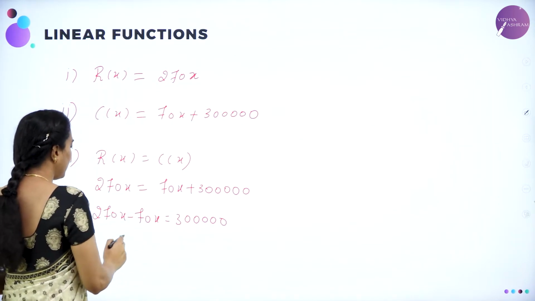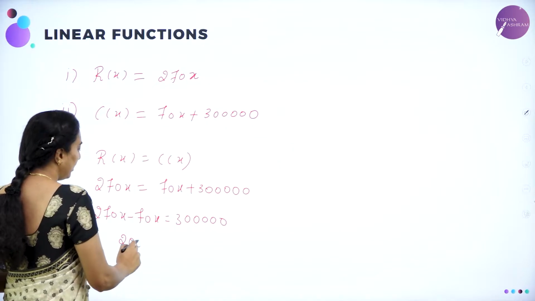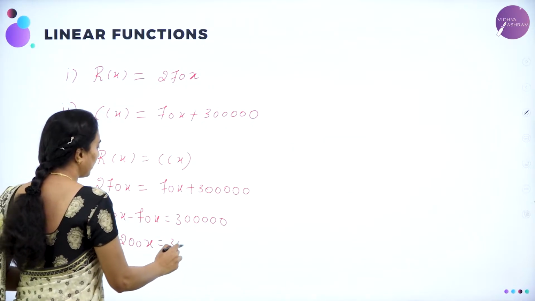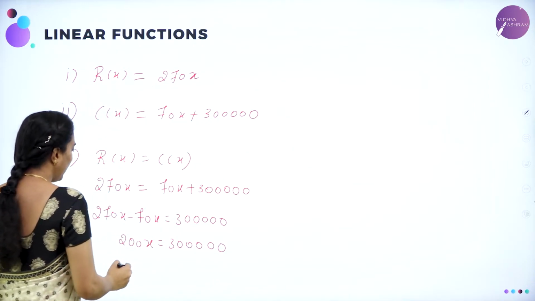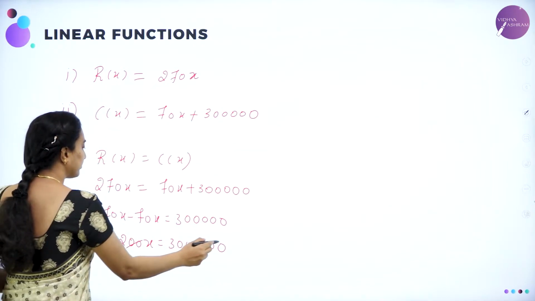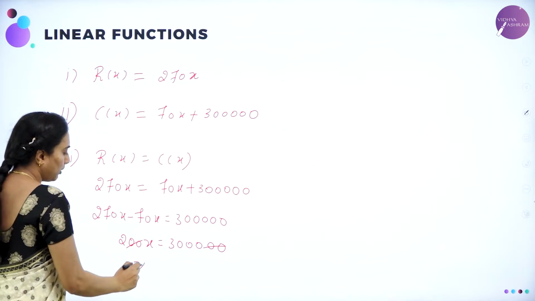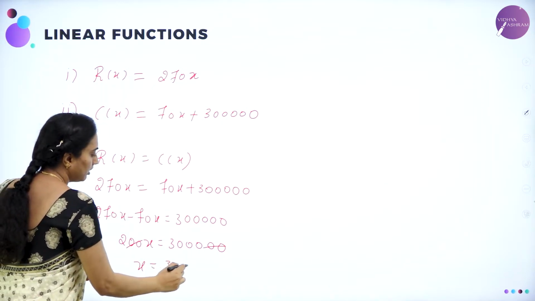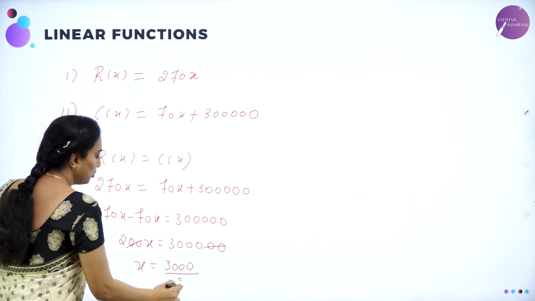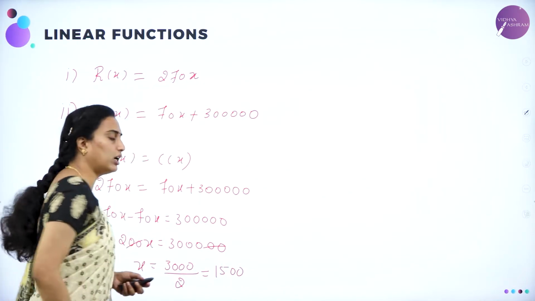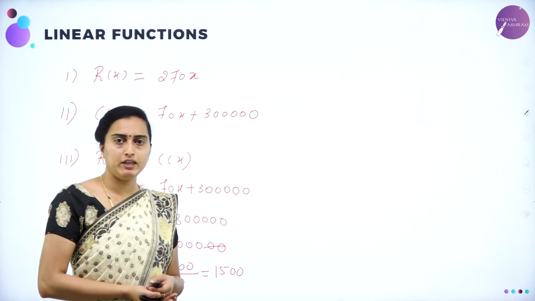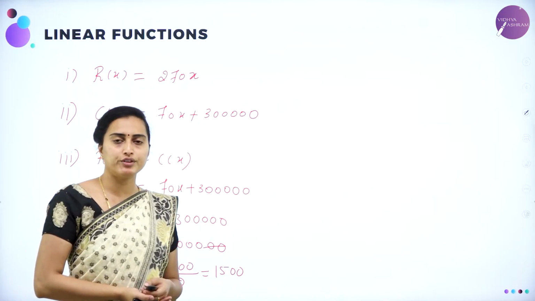Now, 270 minus 70 is 200. 200x is equal to 3 lakh. Otherwise, you are getting x is equal to 3000 divided by 2, which is nothing but 1500. So that will be the output of BEP, break-even point. I hope you got this one.